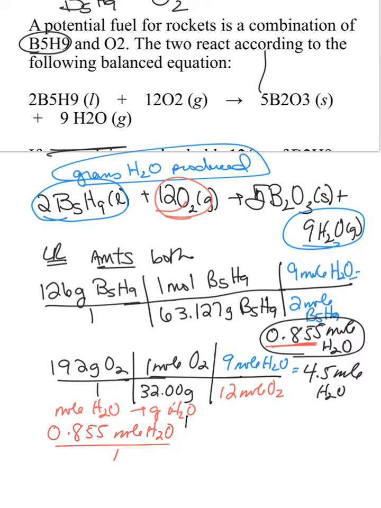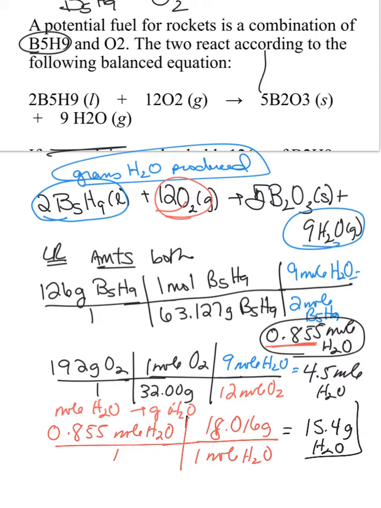So let's see if we can erase that. Yeah, there we go. For 1 mole of water, we get the molar mass, which is 18.016 grams. We multiply that out, we get 15.4 grams of water. So be able to work a limiting reagent problem like that.